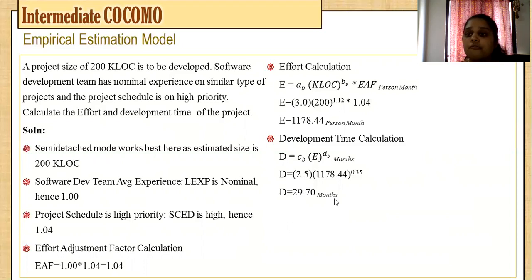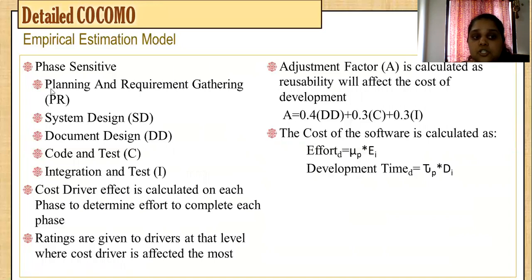But in the case of detailed COCOMO, for completion of this phase you have this much effort, and for completion of another phase you have another effort. So your effort will be bifurcated into 5 different parts depending on what phases you are following.